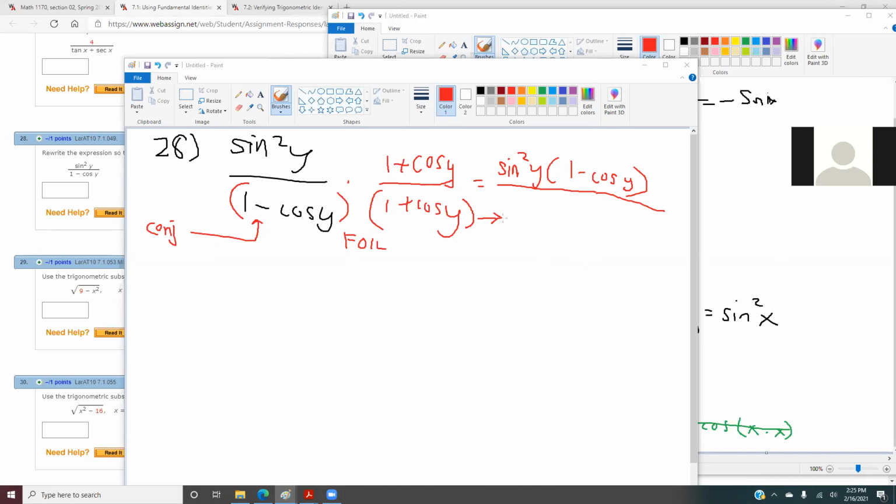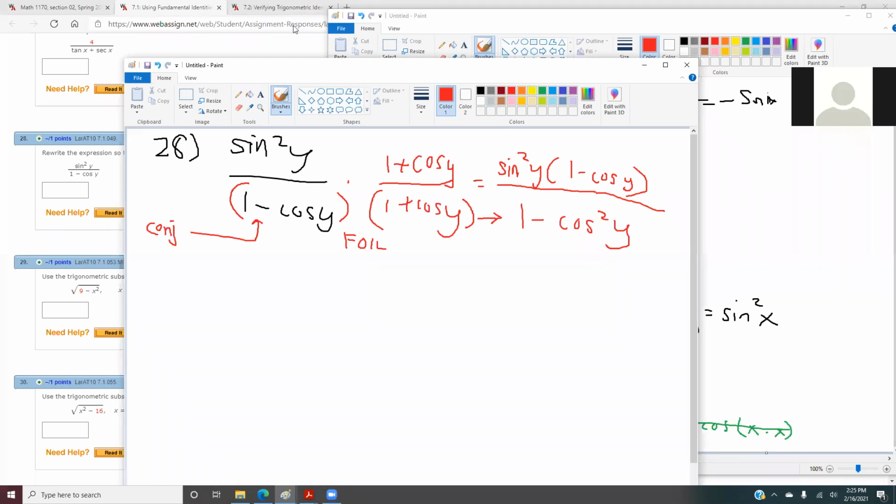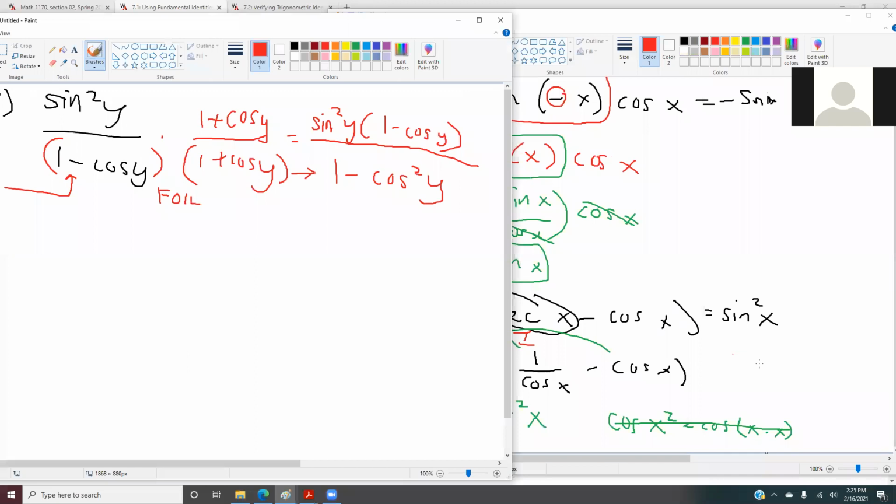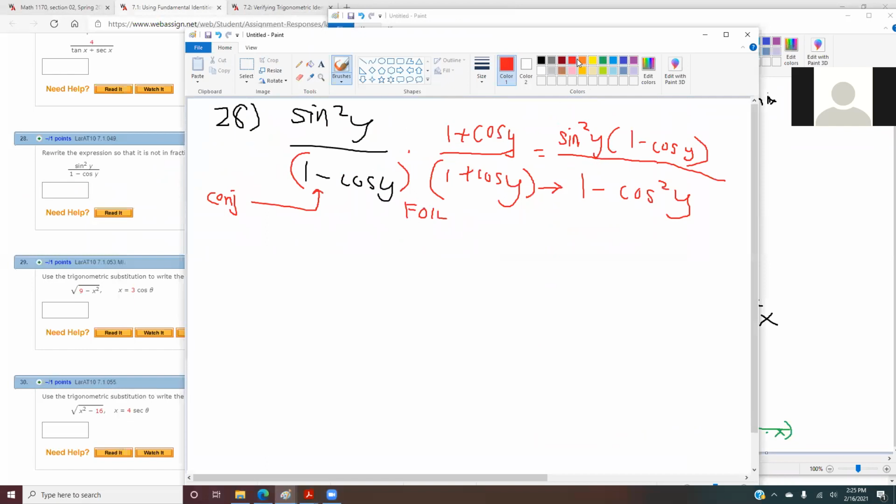Yes, Summer, that is correct. So this is 1 minus cosine squared y. What is 1 minus cosine squared y if you use your Pythagorean identity? This is the same as sine squared y.